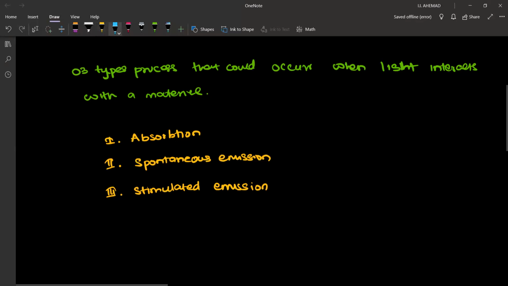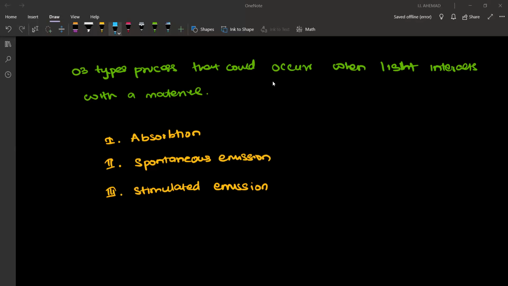So whenever light falls on a certain medium, I will explain this. After that, I'll give time to write, okay? There are three possible processes that could occur when light falls on a medium: absorption, spontaneous emission, and stimulated emission, okay?